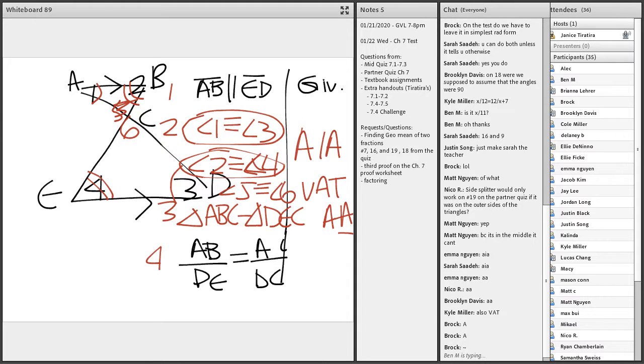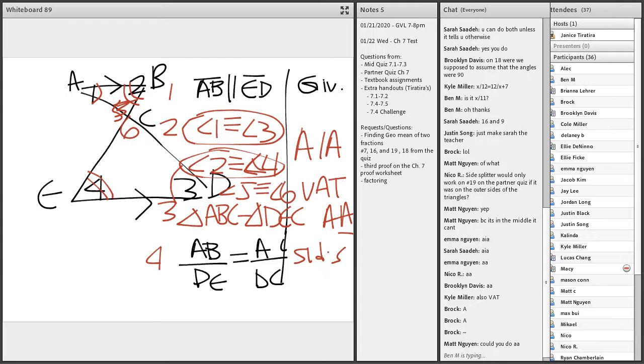So number 4, the reason why we can say AB and DE are now proportional to AC and DC is because sides is kind of like CPCTC. I don't know if your teacher used that, but for me, I'm going to just say sides are proportional in similar triangles. Did any teacher, McKee, Haygood, or Bratcher, use a CPCTC for this one, but maybe change the letters?